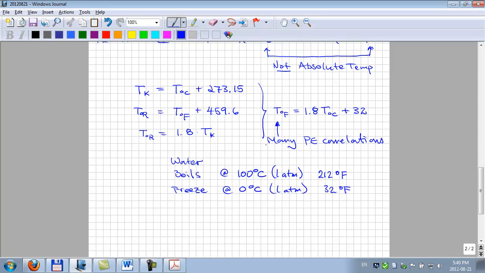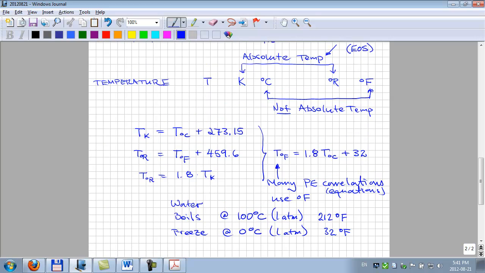There are many of these correlations or equations that use degrees Fahrenheit. So it's very common, you're going to have to get used to it. Any questions about temperature?